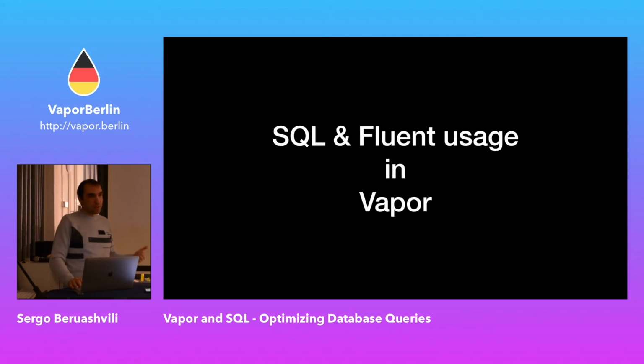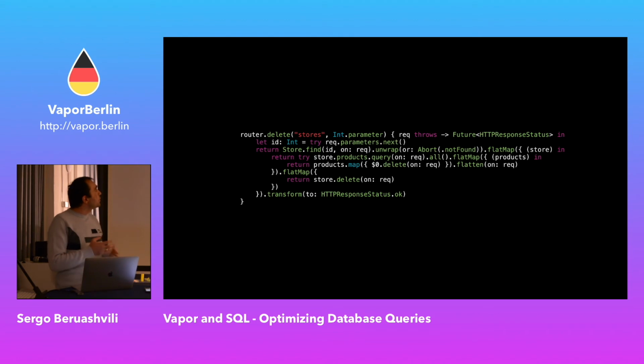And I wanted to see what were some of the patterns in Vapor applications, and I went through some of the popular Vapor applications on GitHub and collected some samples I wanted to show you. One of the interesting patterns is that we have multiple queries where we could have one.